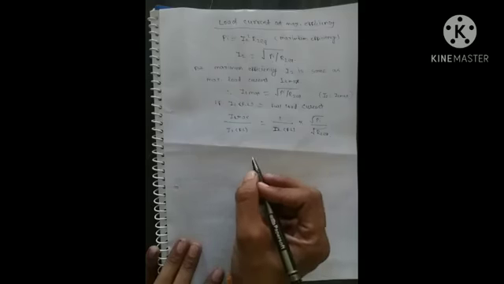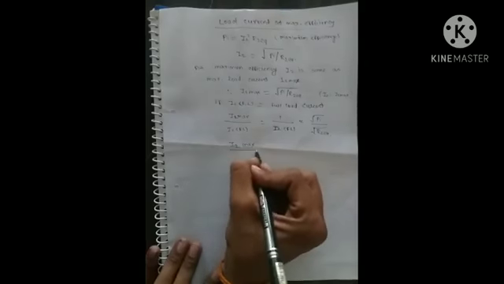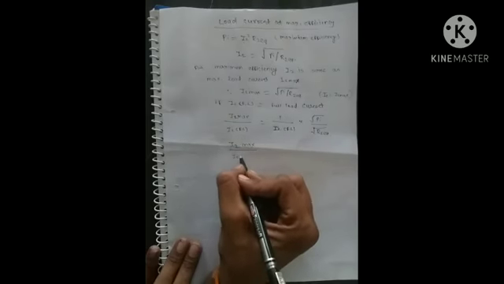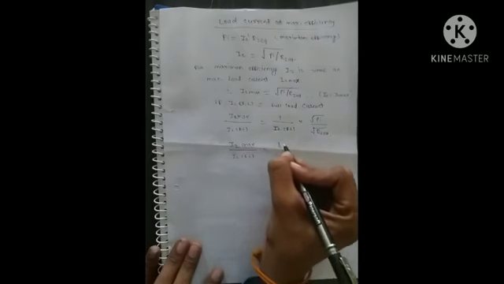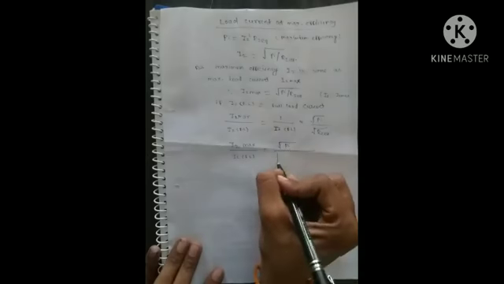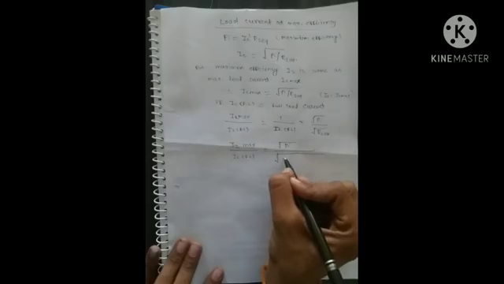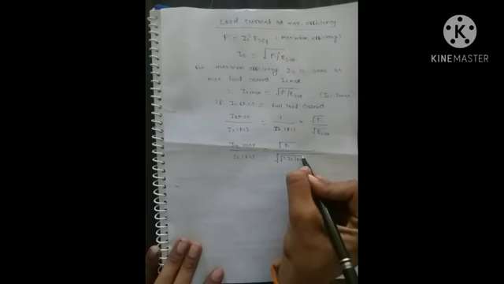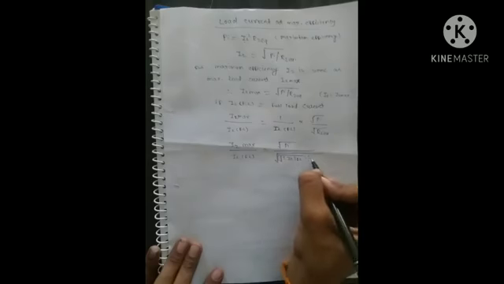Therefore, by simplifying this, we will get I2 max upon I2 FL equals the square root of Pi upon the square root of I2 FL whole square into R2 equivalent.